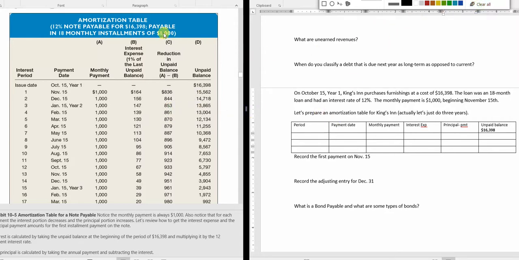If you notice, the interest keeps going down and the principal payment keeps going up, simply because my payment is always $1,000, and my principal balance keeps going down, so I'm multiplying a smaller and smaller number. This is why people encourage you to pay off more principal in the early years.